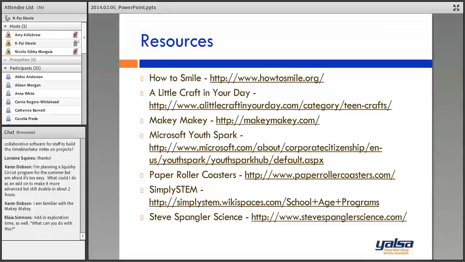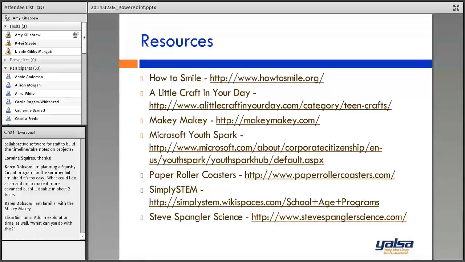Nicole, are you interested in closing this up or fielding any more questions? I think we have 2 pages of resources for everyone that Amy and K-Fi have contributed. This first slide of resources is provided by Amy. Amy, I'm not sure if you wanted to go into any detail about that.